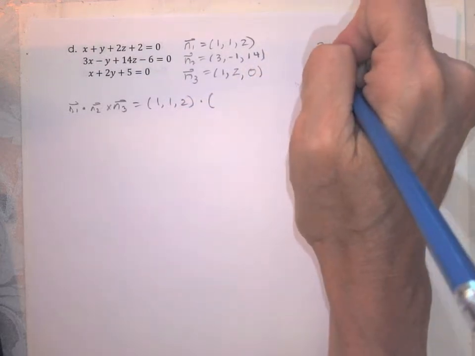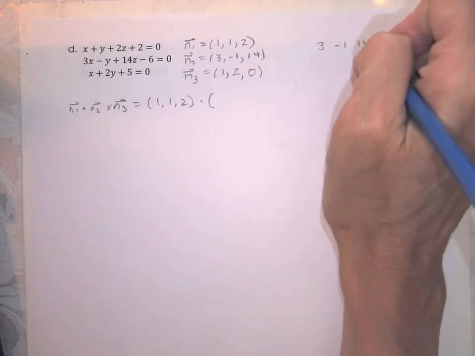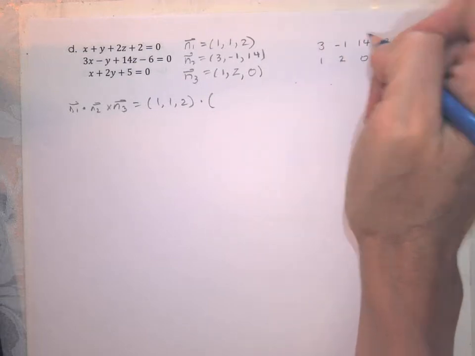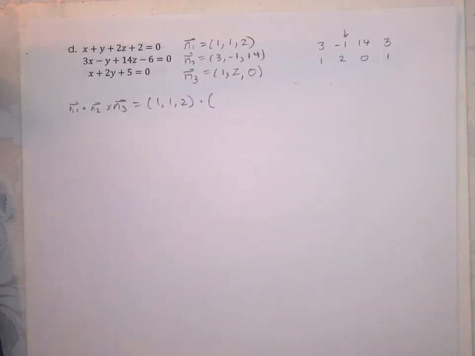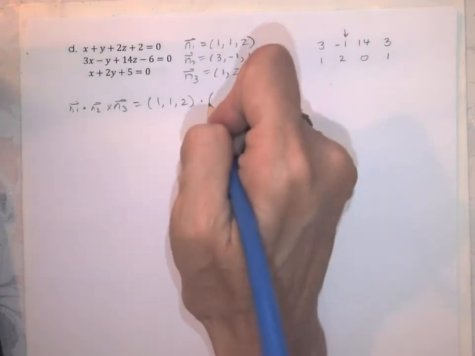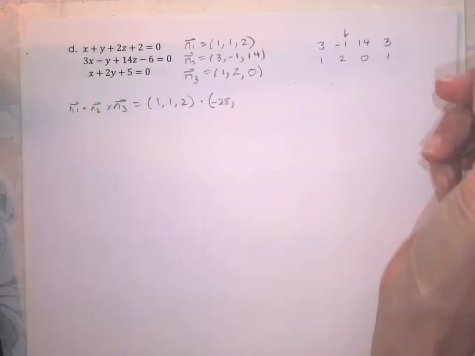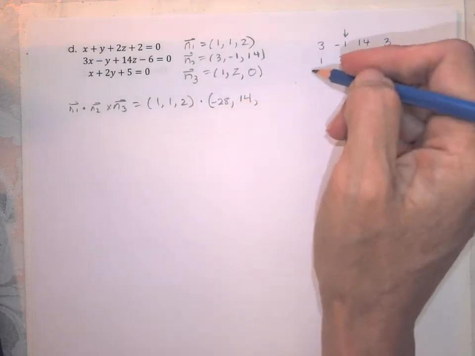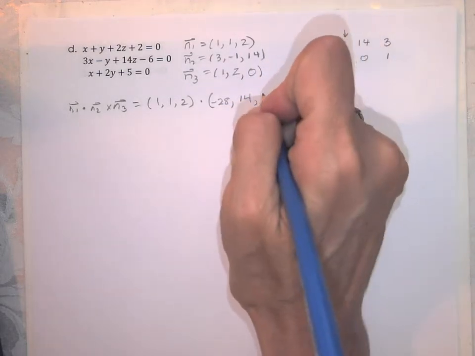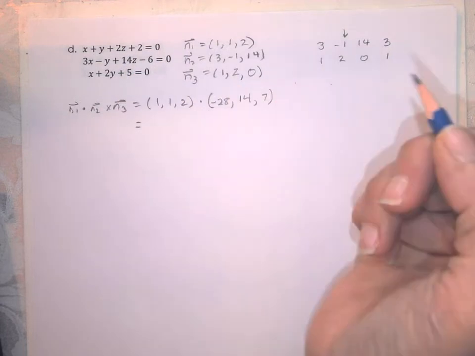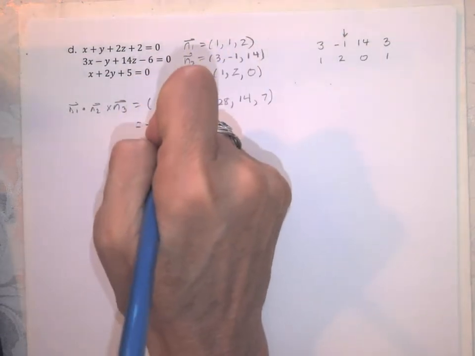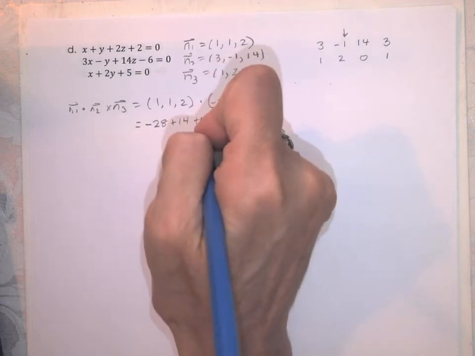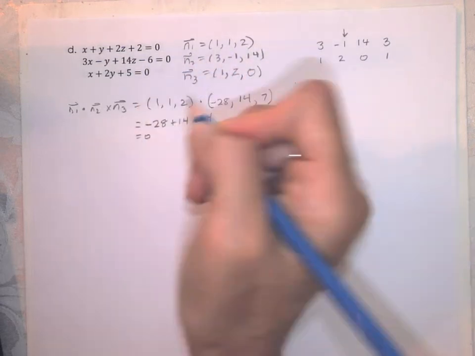So I want to cross n2 and n3. So that's going to give me 0 minus 28, 14 minus 0, and 6 minus -1, which is 7. Then I'm going to do the dot product, so I get -28 plus 14 plus 14 again, which is 0.